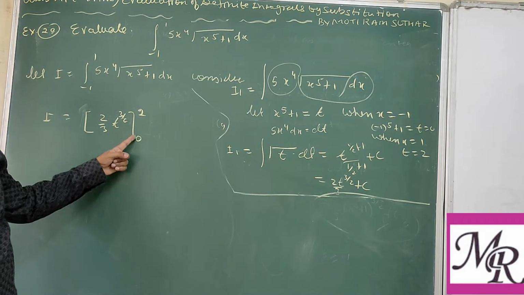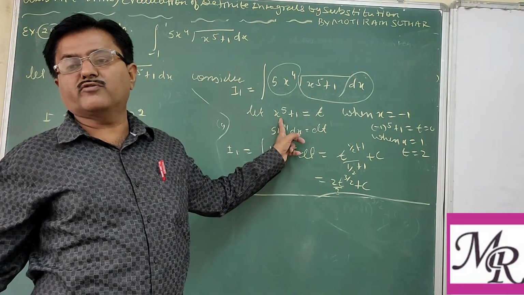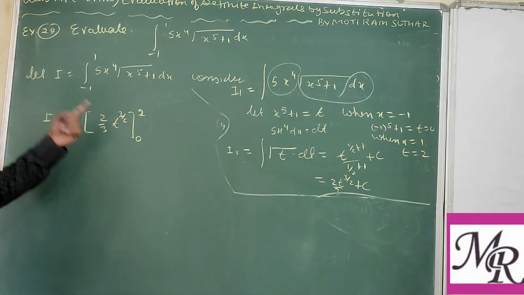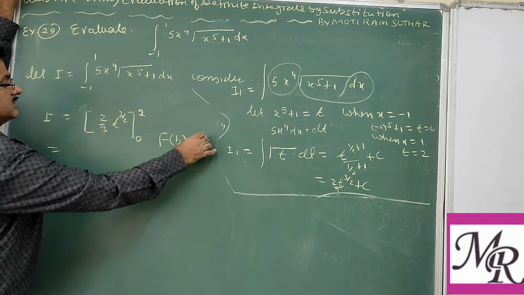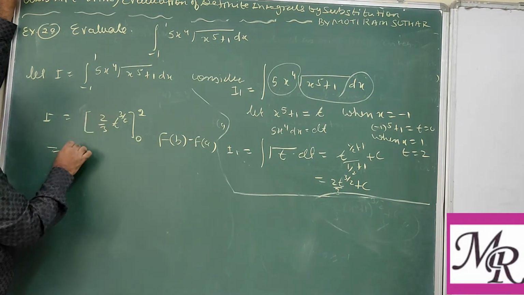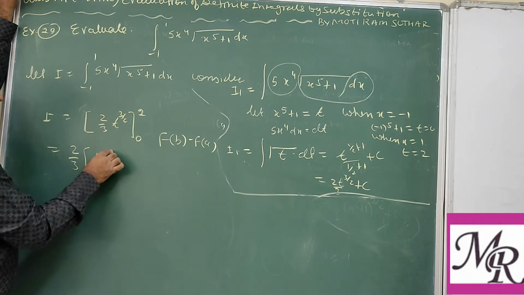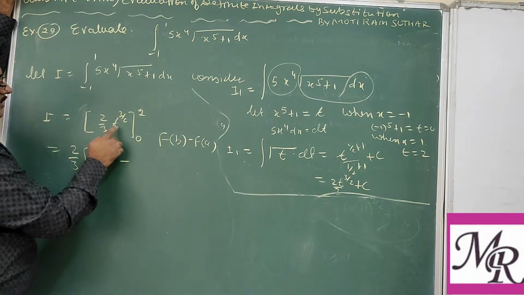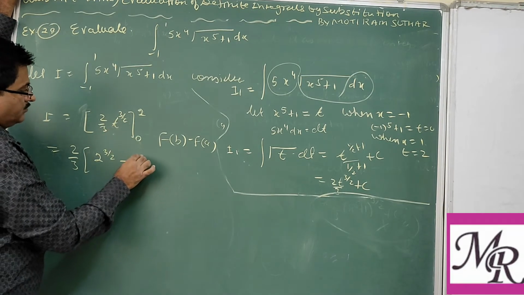So now there is no need to resubstitute t as x power 5 plus 1. Directly we calculate this. Again use F(b) minus F(a). The last step remains the same. So 2 by 3, t means 2, 2 power 3 by 2 minus, here 0 power 3 by 2.